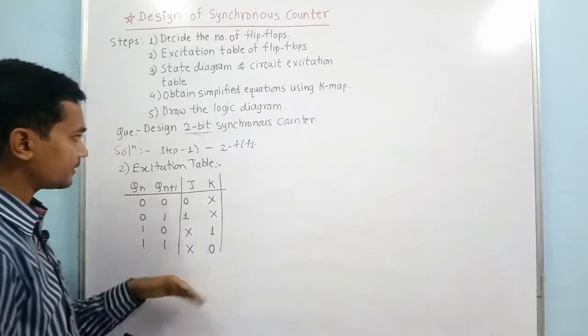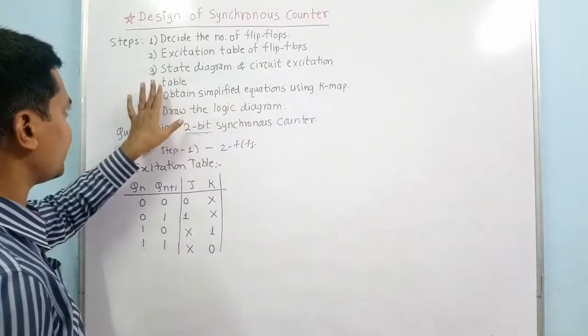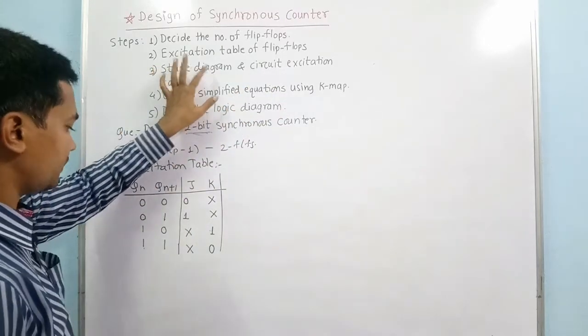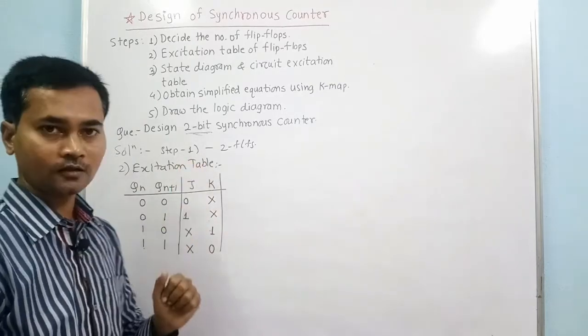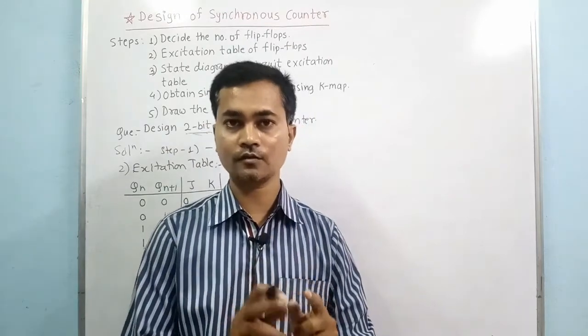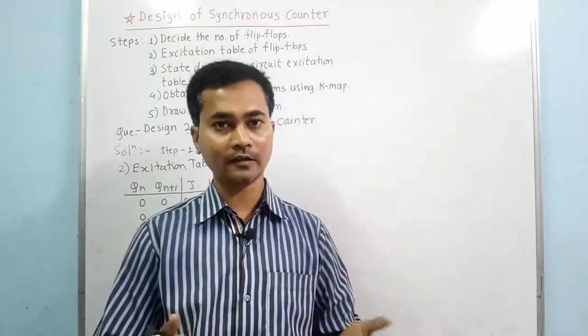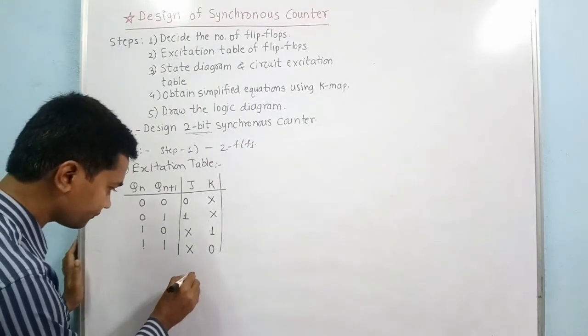Now we will see the next step. So next step is what? State diagram and circuit excitation table. So state diagram means actually we are having a 2-bit counter. So a 2-bit counter will have only 4 states, that is 0 0, 0 1, 1 0 and 1 1. So we can simply draw here the 4 states.